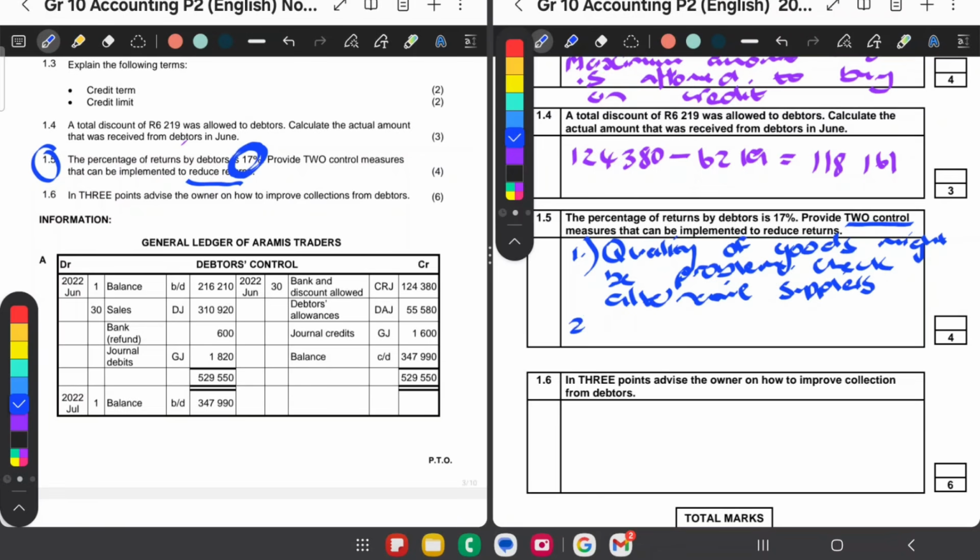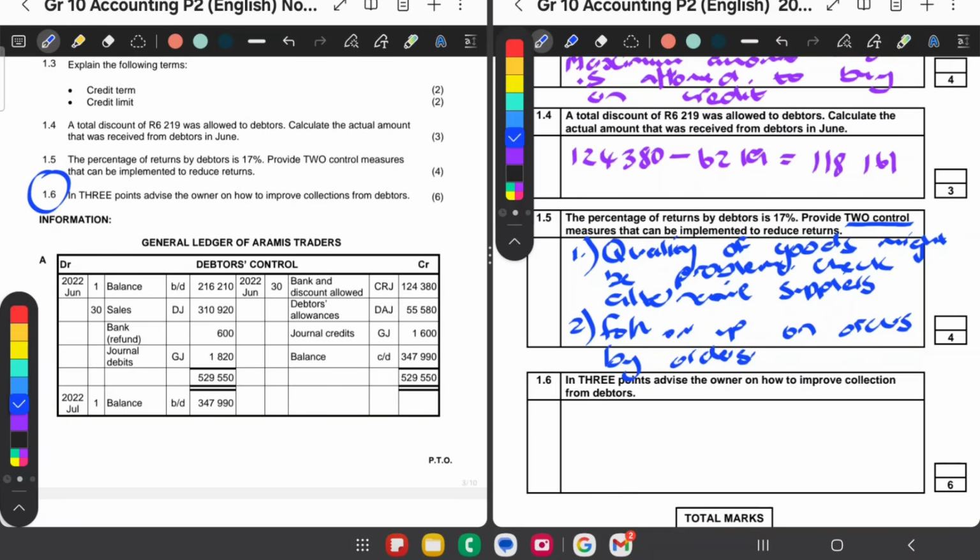So that would be one reason. Number 2, or one control measure, we can do follow-ups. So we can follow up on orders by customers. So we can get feedback after they buy a product. And based on the feedback, we can then implement whatever they find fault. We can correct that so that they don't return goods.